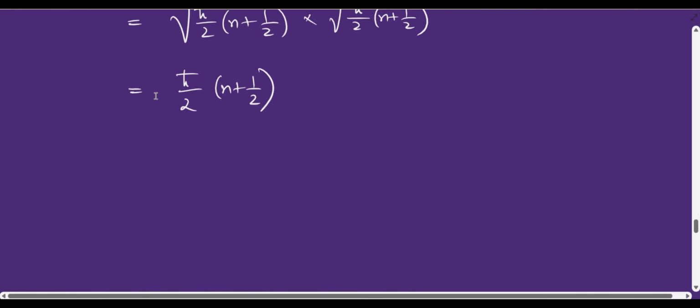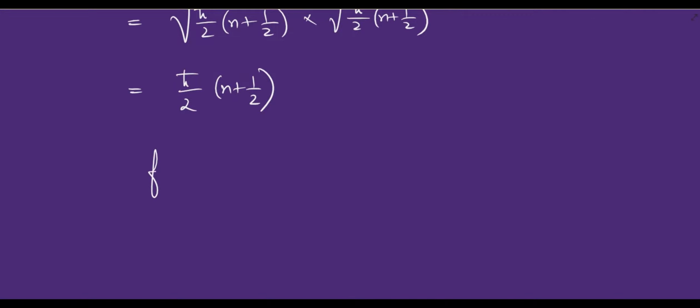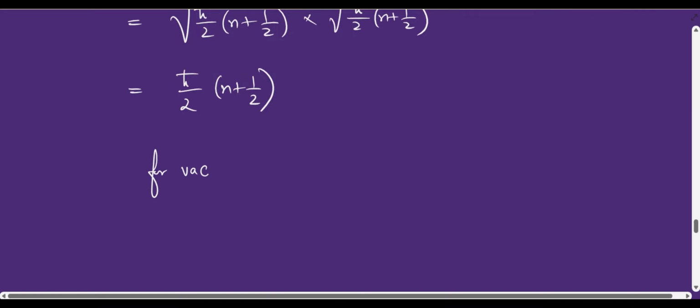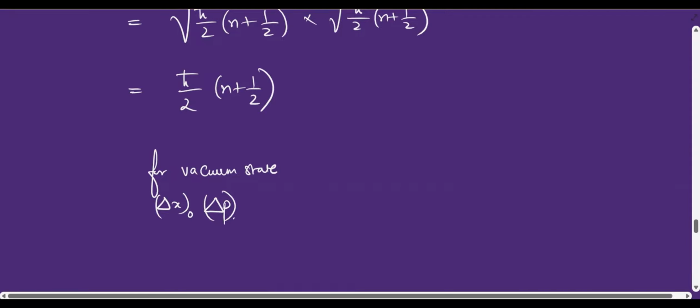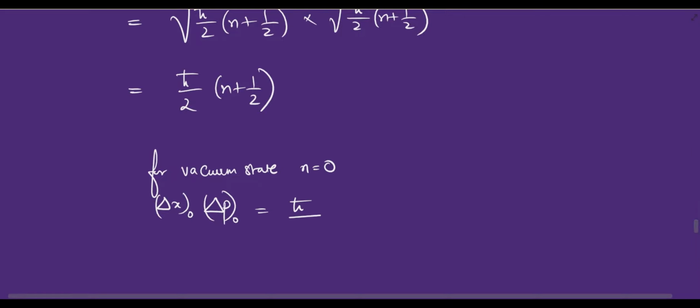So you see that for the vacuum state, let's say n equal to 0, delta x delta p is equal to h bar by 2.